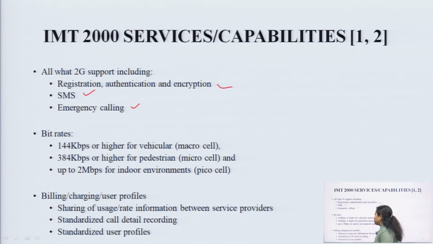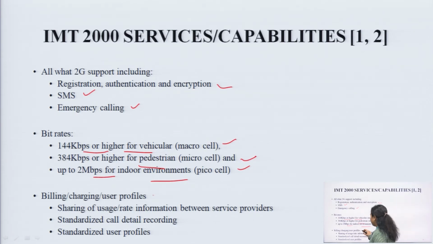It supports a bit rate of 144 kbps or higher for vehicular, that is macro cells, 384 kbps or higher for pedestrian, and up to 2 megabits per second for the indoor environment, that is used for pico cell communication. Means depending on the speed with which the person is moving.